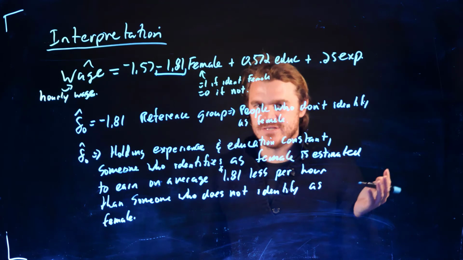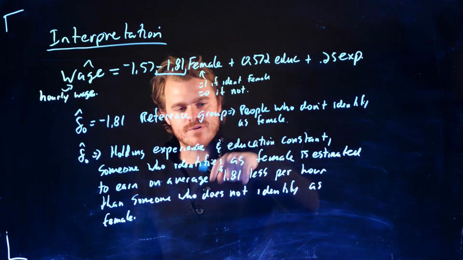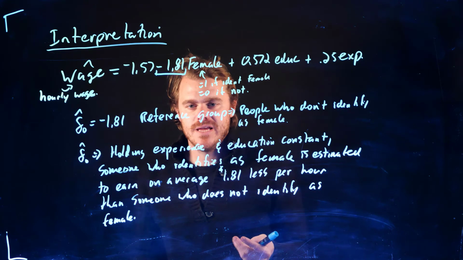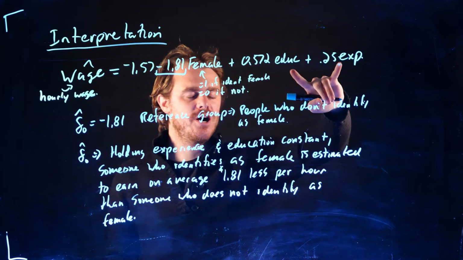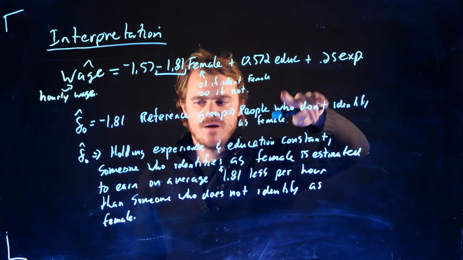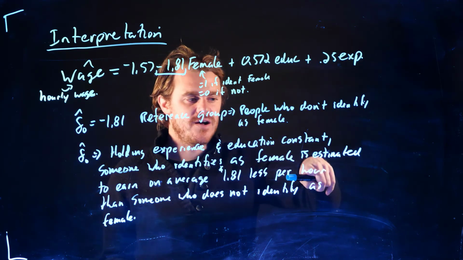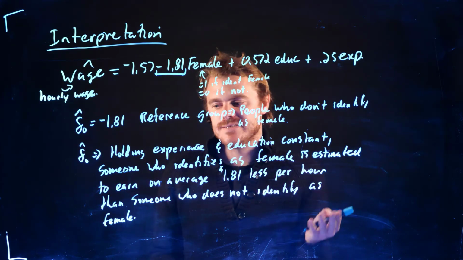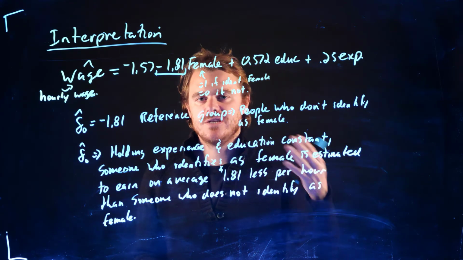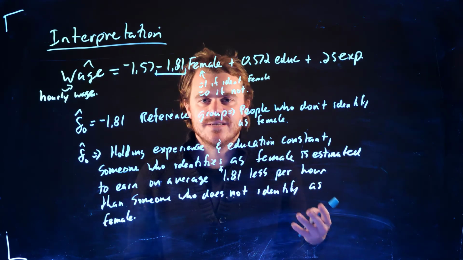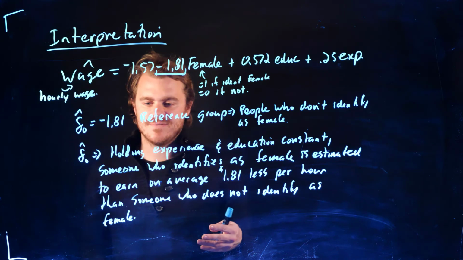So notice that this interpretation relates to the reference group, people who don't identify as female. Holding experience and education constant, that part of the interpretation doesn't change. Someone who identifies as female is estimated to earn, on average, $1.81 less per hour than someone in the reference group, someone who doesn't identify as female.